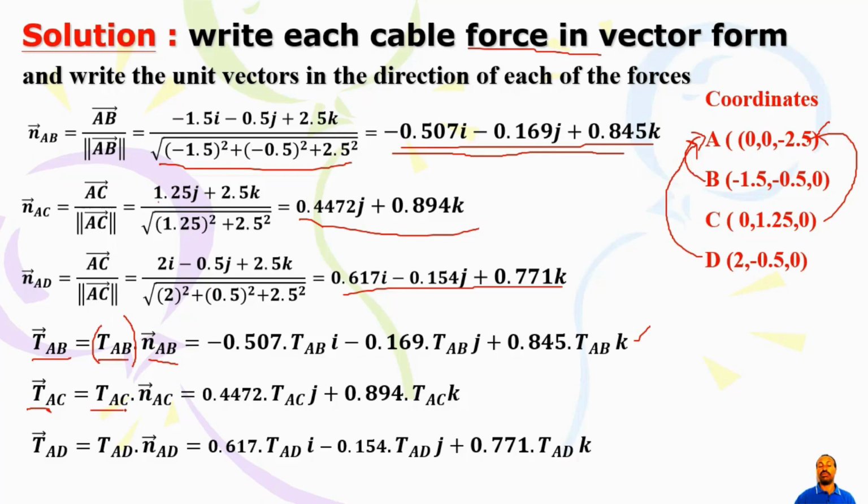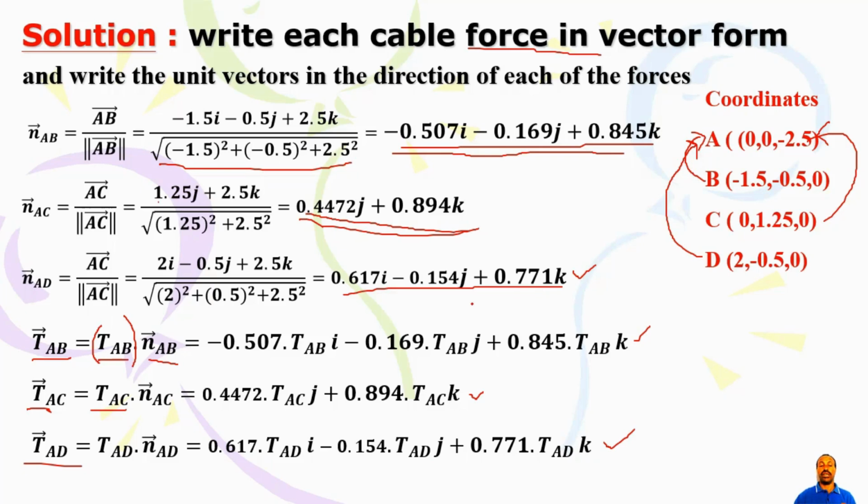You multiply the TAC magnitude, because we are going to calculate the magnitudes of these tension forces, times this unit vector, which is the second one. And TAD, again, magnitude times unit vector, just this one.